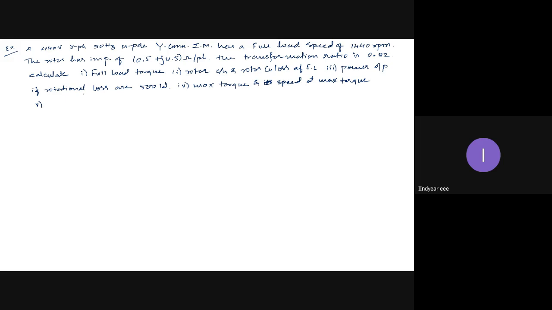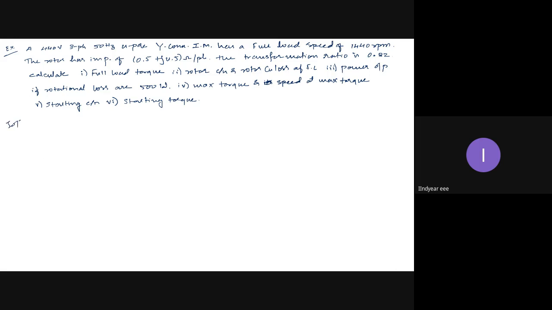Next, starting current. Starting current means always it is a stator current. And the starting torque. So these are the given things and are to be solved.